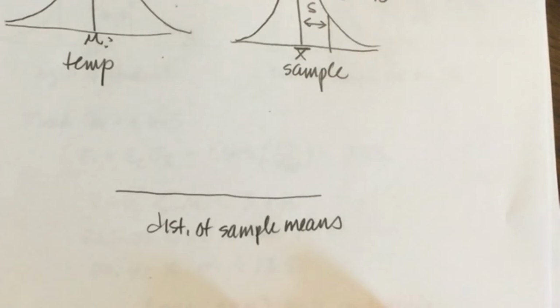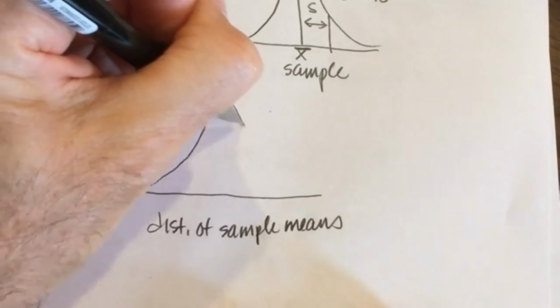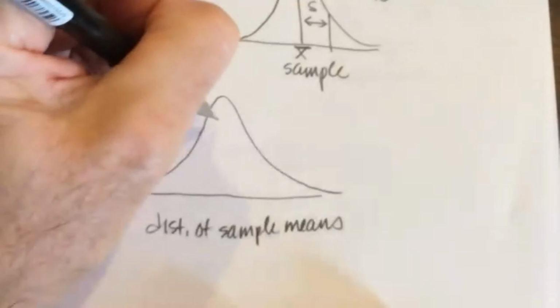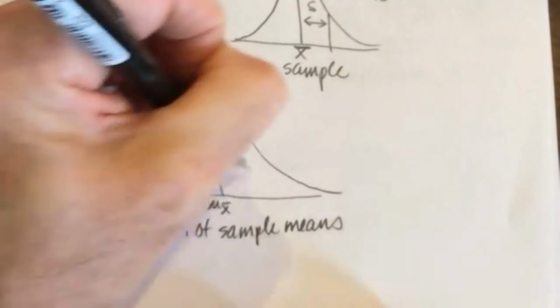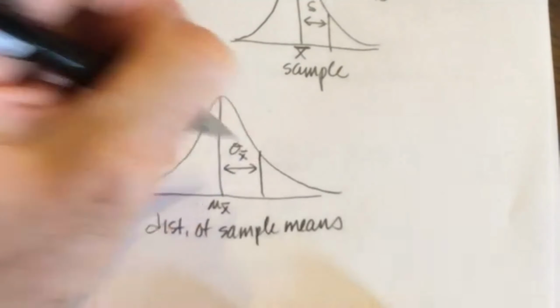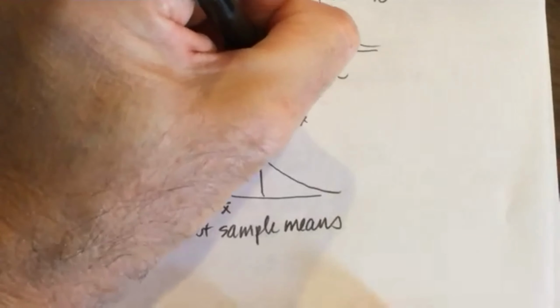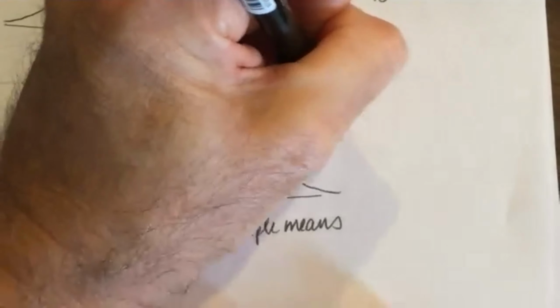The answer is, it's going to look mostly normally distributed, like this, with a mean of the sample means and a spread of the sample means. So the mean of all the sample means is equal to the mean, and the spread of all the sample means is sigma over the square root of n.